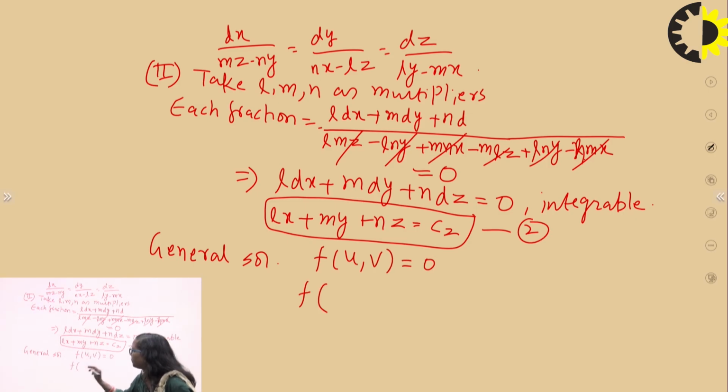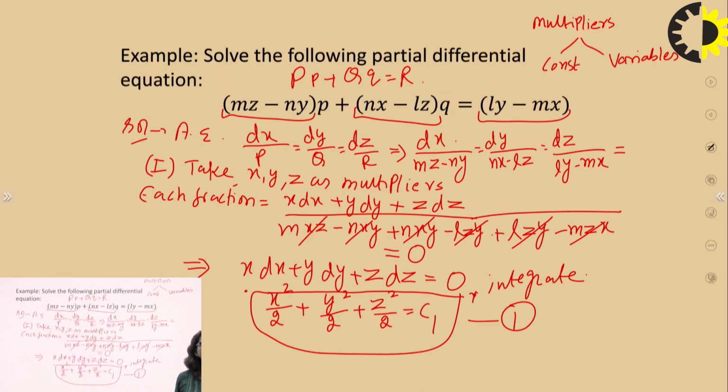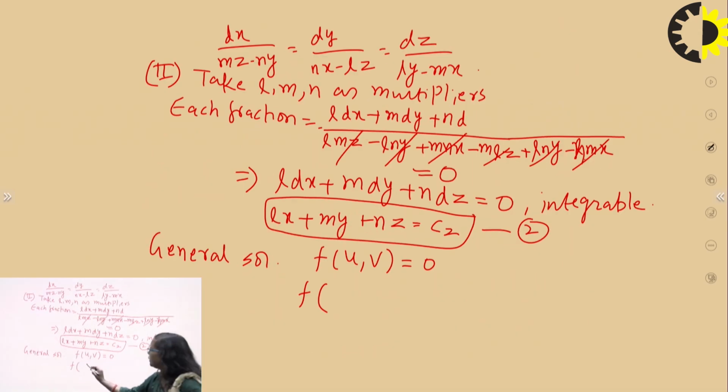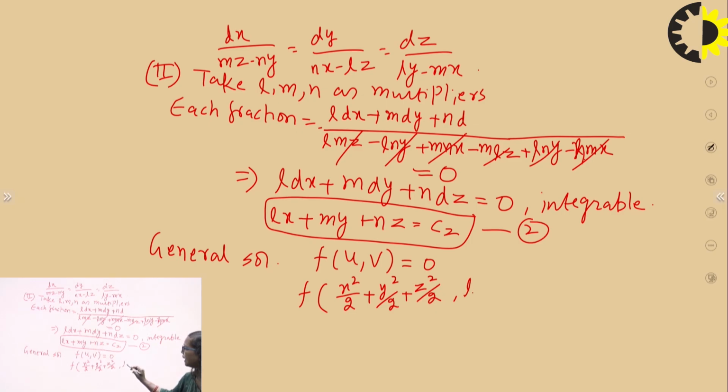Again I check the last slide, what is my u? u is my first solution, x square by 2 plus y square by 2 plus z square by 2. And v is the second solution, Lx plus My plus Nz. This is my complete, general solution for this equation.